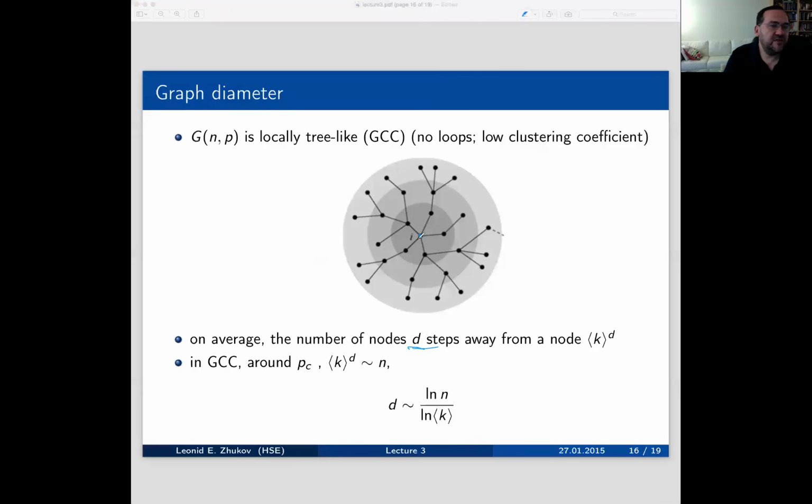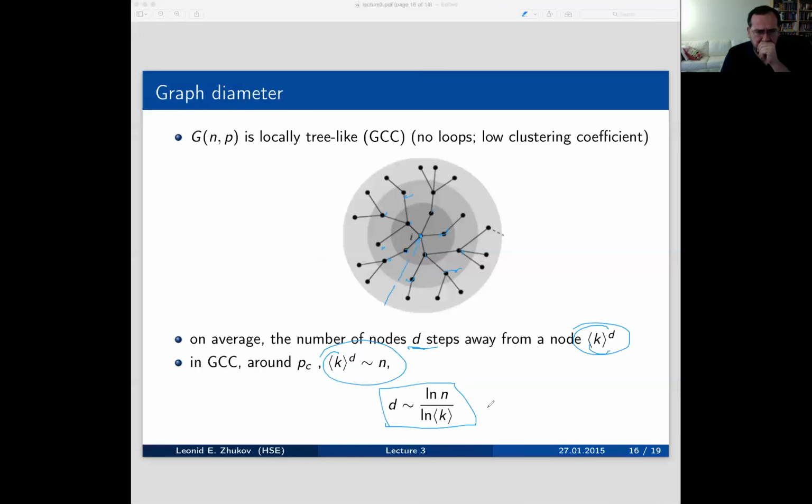Again, this is a very rough approximation, but still, if the average degree of a node in the graph is k, then it has k neighbors, and each of those neighbors on average will have k other neighbors. Some will have more, some will have less. And so after d steps, we will cover approximately k to the power d nodes of this graph. Then you can equate this to n and take the log of both sides, and you will get this property.